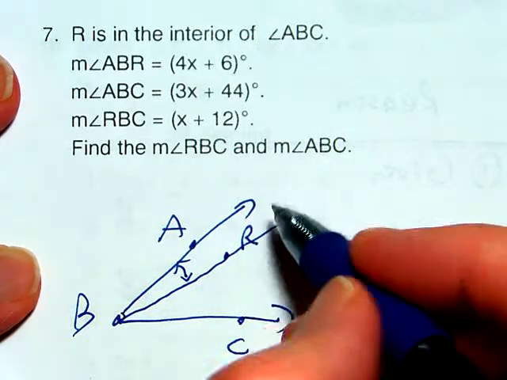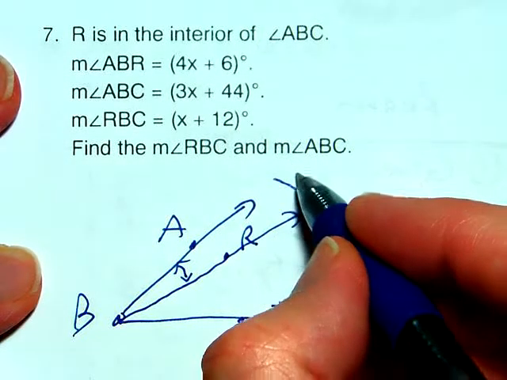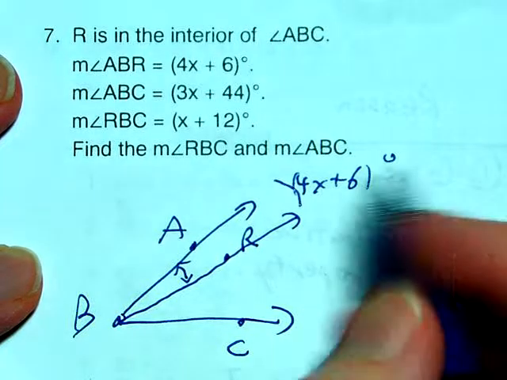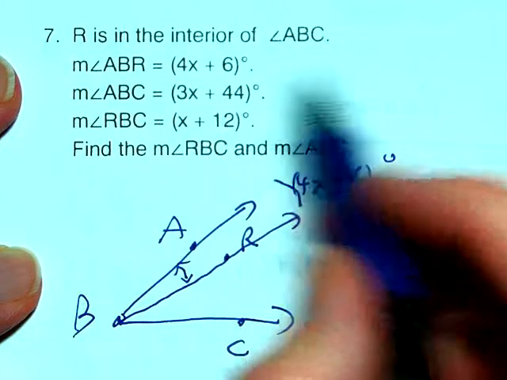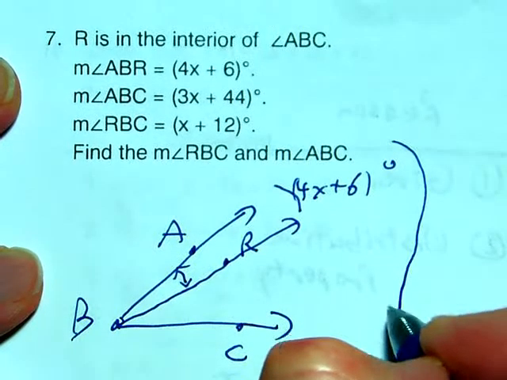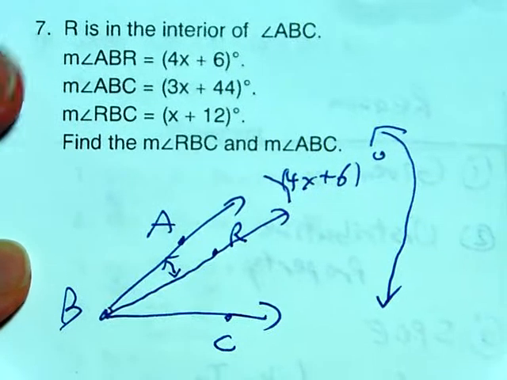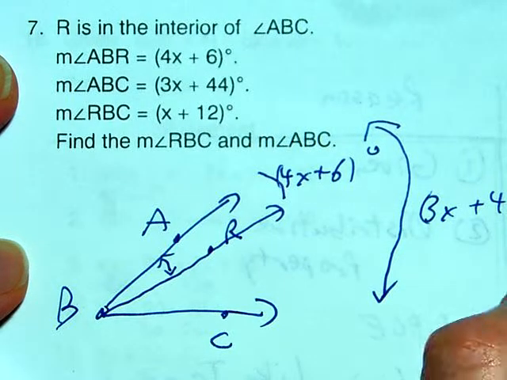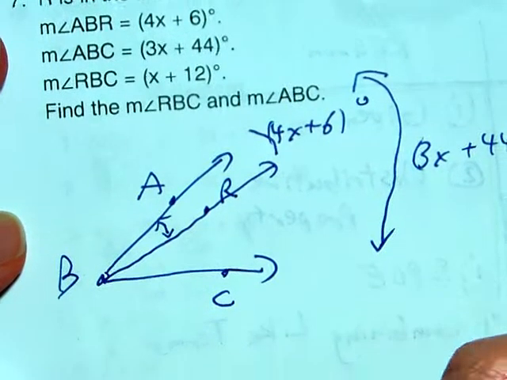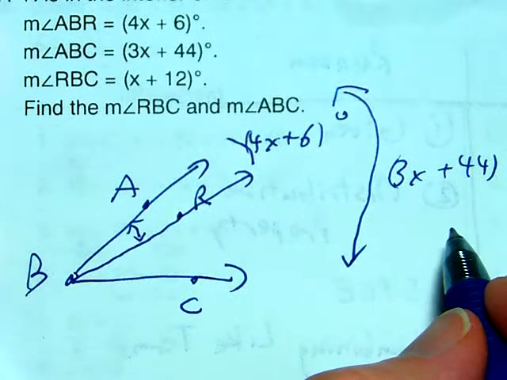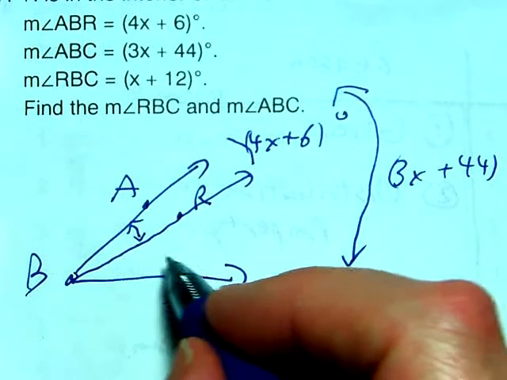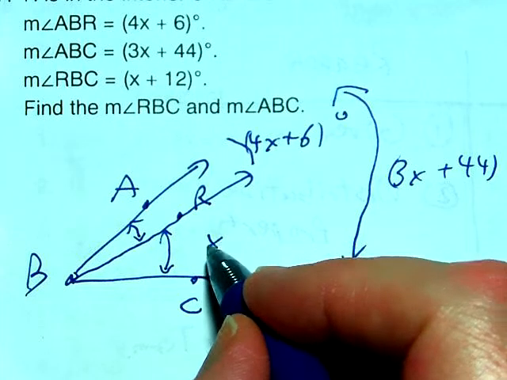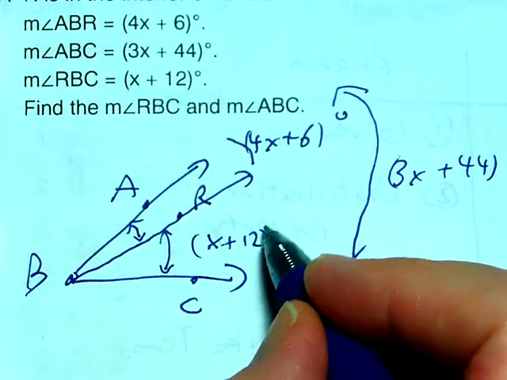ABR, or this angle here, is equal to 4x plus 6 degrees. The entire outer angle, ABC, is equal to 3x plus 44 degrees. And the bottom angle, RBC, which is here, is equal to x plus 12 degrees.